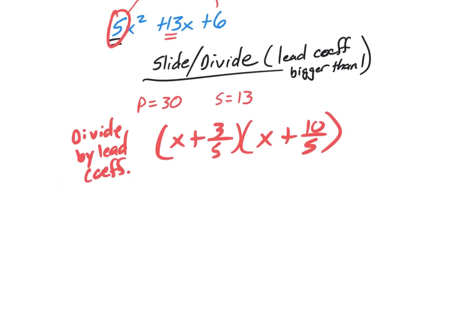If I can reduce it, I'm going to reduce it. 3 over 5 does not reduce, 10 over 5 does. So that one, we'll leave it as x plus 2. This one does not reduce, so instead of dividing it, we're going to slide it. And we're going to slide the 5 over in front of the x.